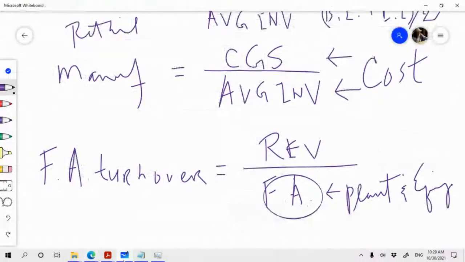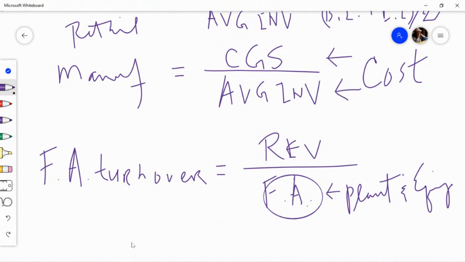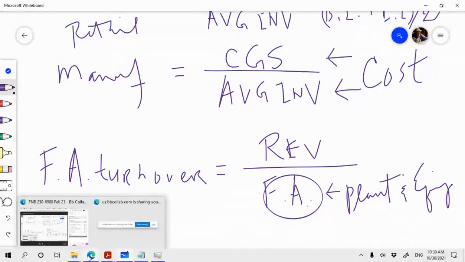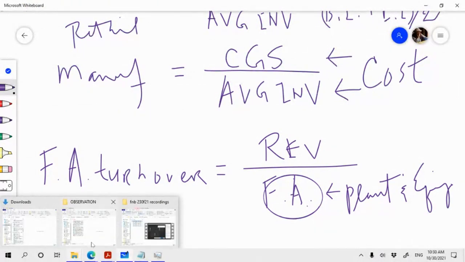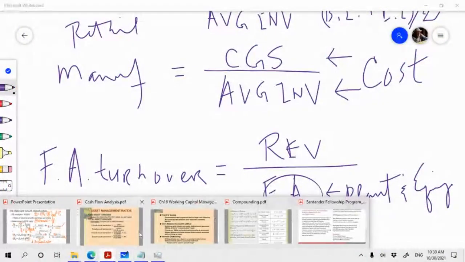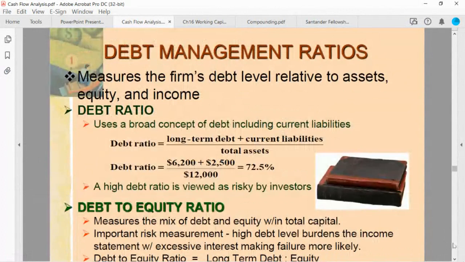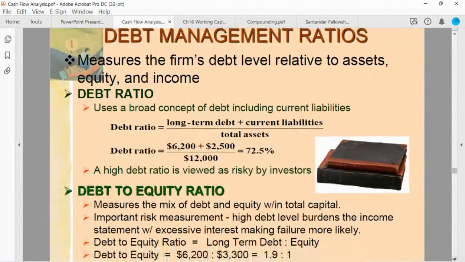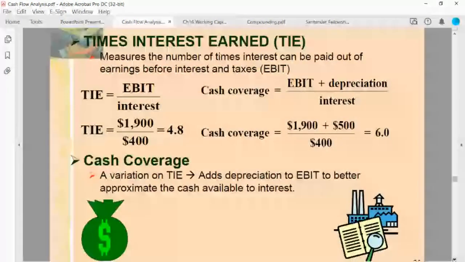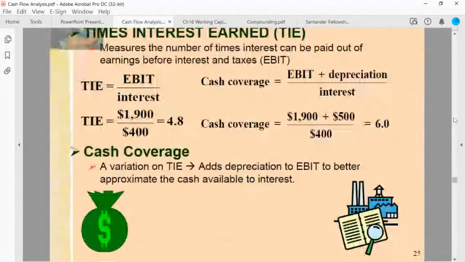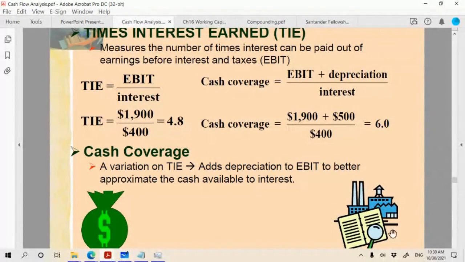But anyway, that's what the fixed assets turnover ratio is, and that will explain what the total assets turnover ratio is. Okay, so next is debt management ratio. The next category is debt management ratio, and we have two ratios in this category.